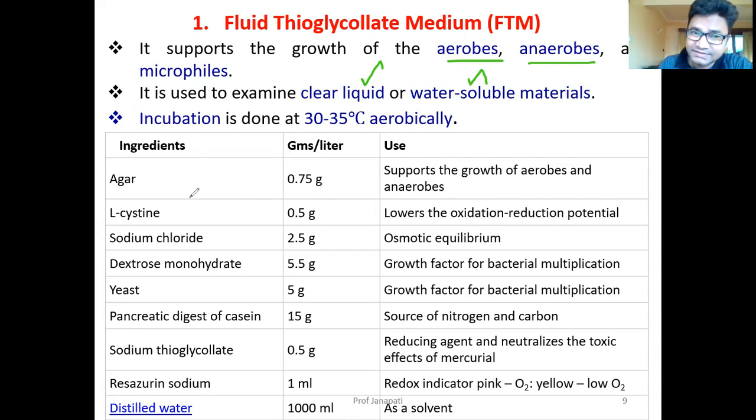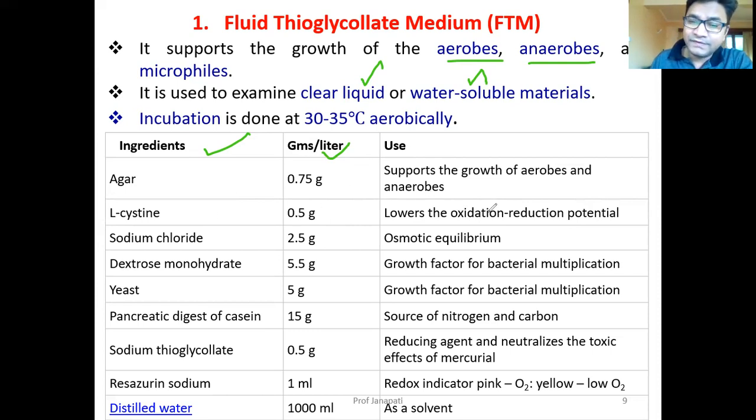These are the various components or ingredients present in fluid thioglycolate medium, with the ingredients, grams per liter, and how much per liter we need to use, then their uses. Agar supports the growth of aerobes and anaerobes, just like agar medium for antimicrobial activity.